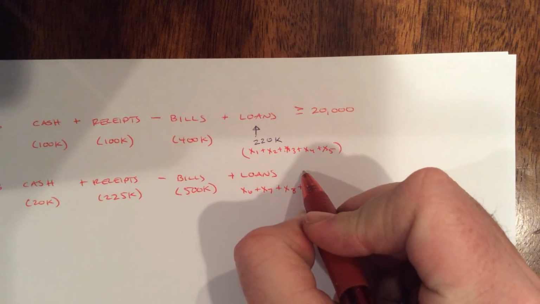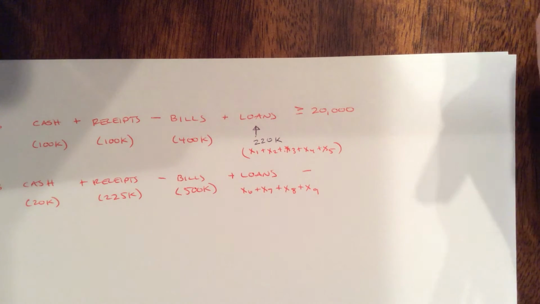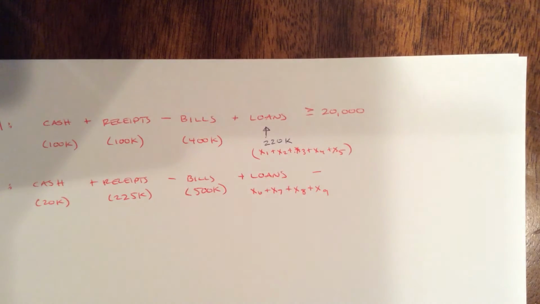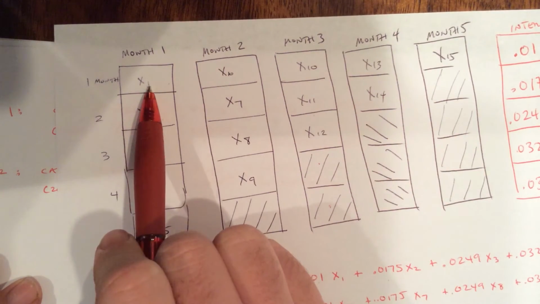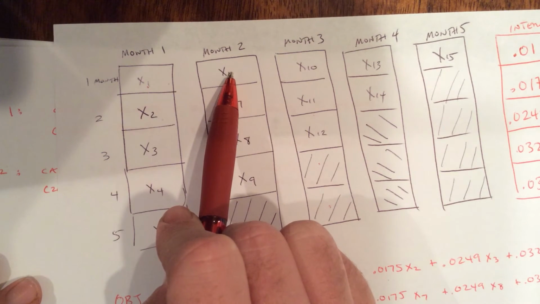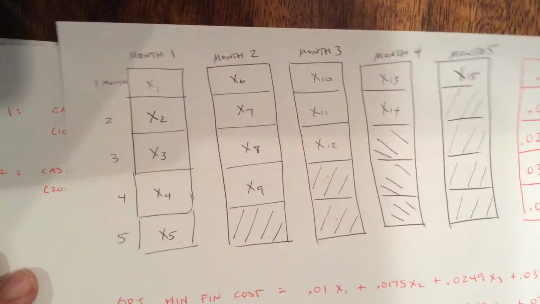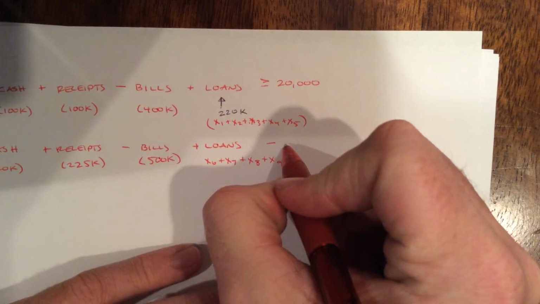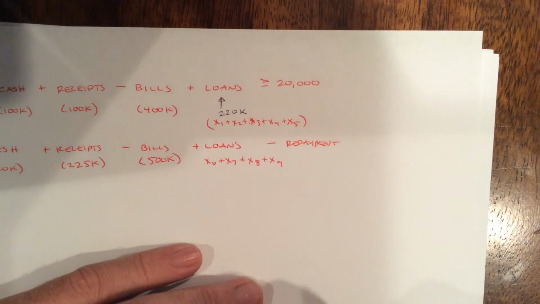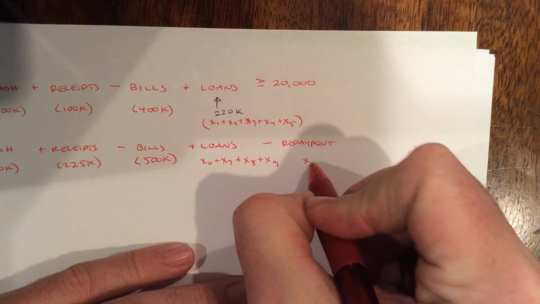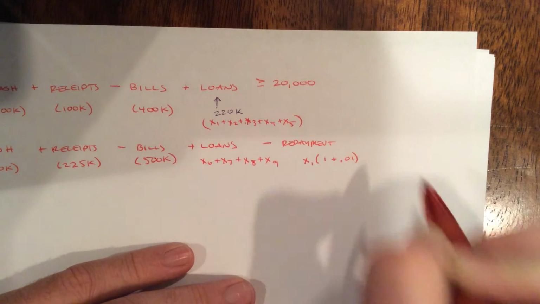But we also now have to pay back some loans. So that's going to take cash that we have to give back to the bank. Well, which loans are due the first month? If we go back to our defined variables, in month 1, X1 is a 1-month loan, so that's due at the end of the second month. X2 is a 2-month loan, so that's not due till the third month. So all that we have is a repayment such that we have X1 times 1 plus 0.01.